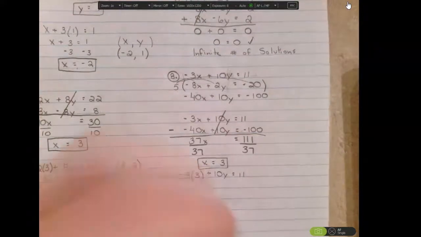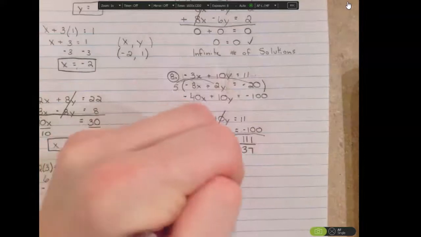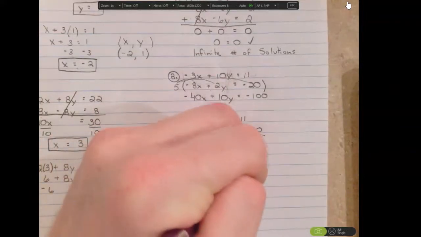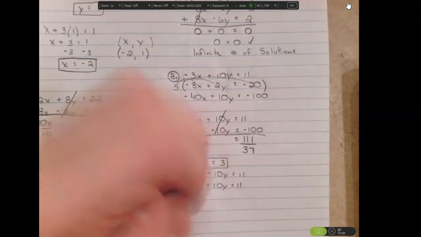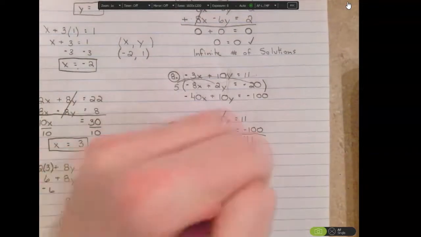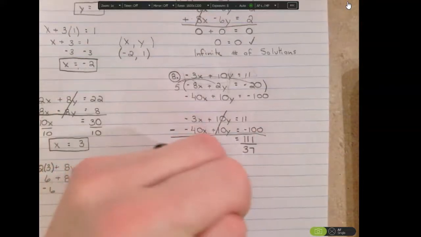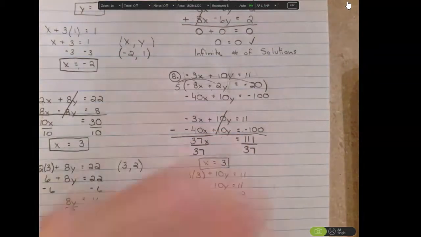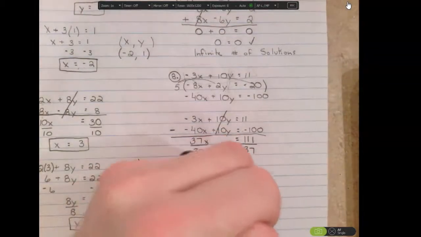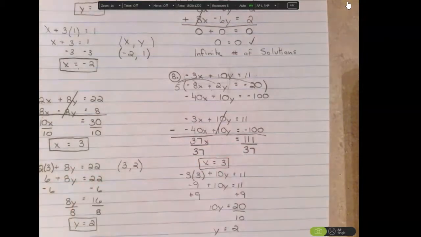Negative 3 times 3, negative 9 plus 10y equals 11. I'm going to add 9, because I need to move it to the other side. 10y is equal to 20. Get y by itself. Divide by 10. Y is equal to 2.